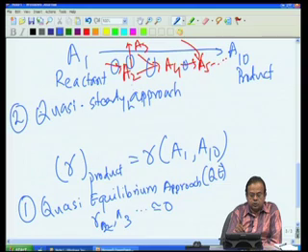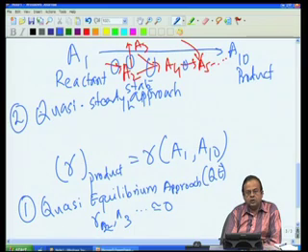In that approach, we say that these species A2, A3, A4 are highly reactive and therefore they reach quasi steady state much faster compared to the reactants and products and so on.